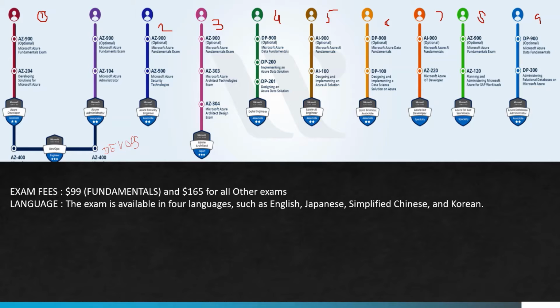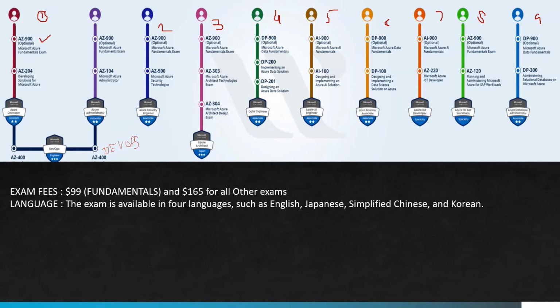So the very first path is for the DevOps Architect certification, and how you can get it is, first you have to pass the AZ-900. AZ-900 is basically the Azure Fundamentals certification, which I'd suggest you clear first.